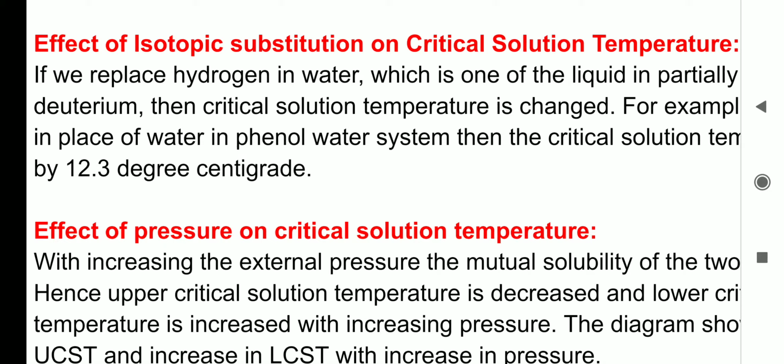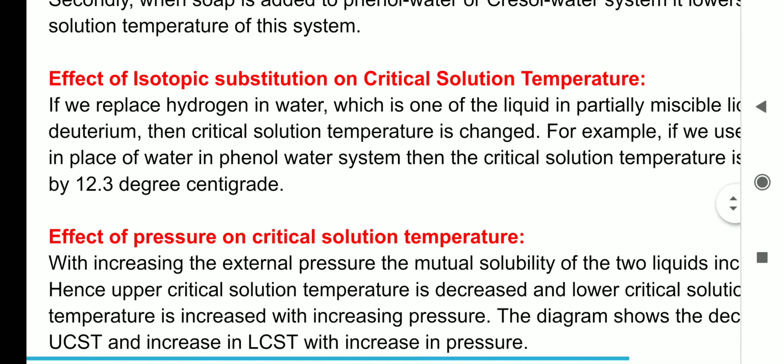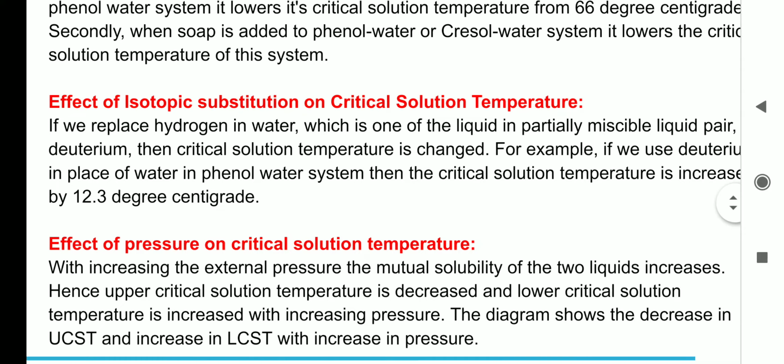And it has been found that when water in phenol water liquid system is replaced by D2O, then critical solution temperature increases by 12.3 degree centigrade.